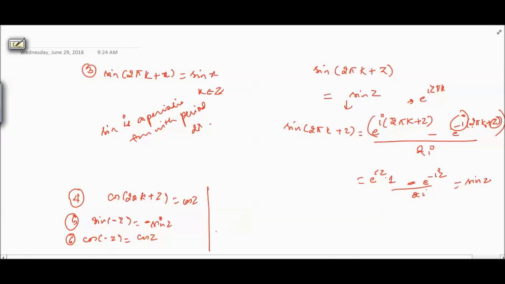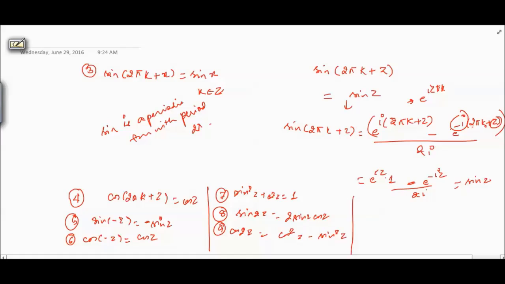Then you can prove that sin^2 z + cos^2 z is equal to 1, our favorite identity in the case of real functions. Then sin 2z is equal to 2 sin z cos z, and cos 2z is equal to cos^2 z minus sin^2 z. These are very easy to prove. You just put the values of sin z, cos z and sin 2z.